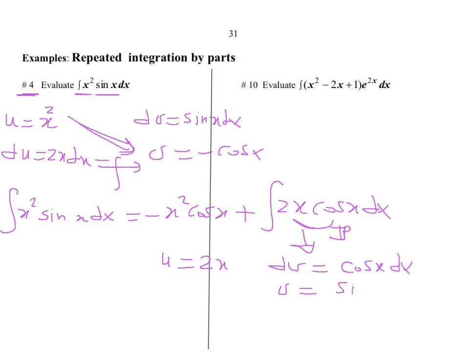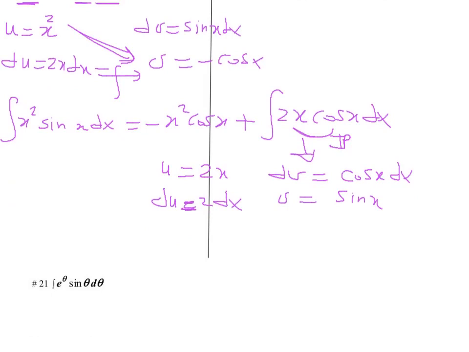v is equal to sine x and du is equal to 2 dx. Now let us see. So this now is equal to minus x squared cosine x. This integration now is equal to uv minus v du.